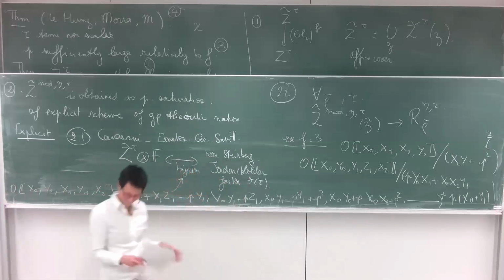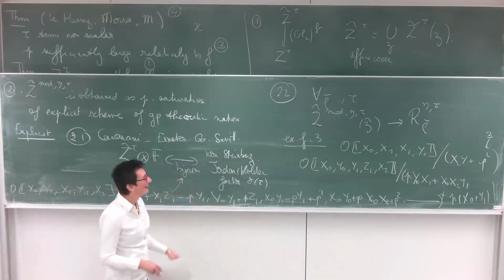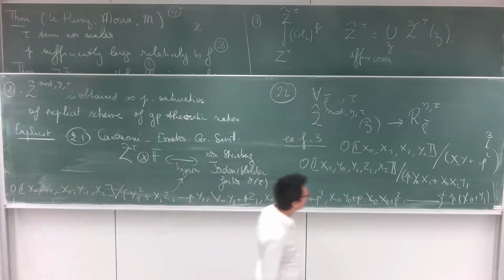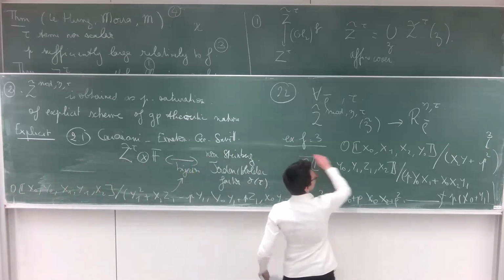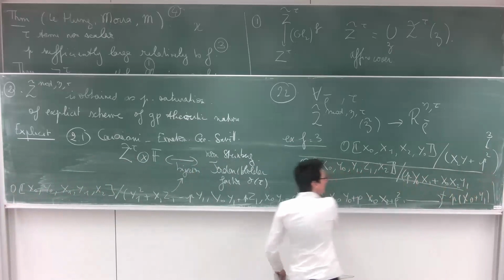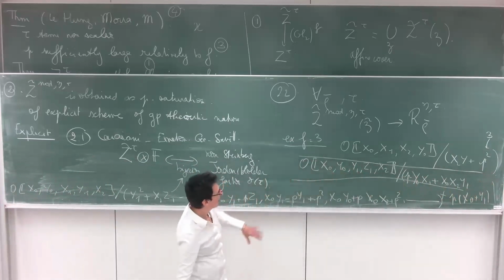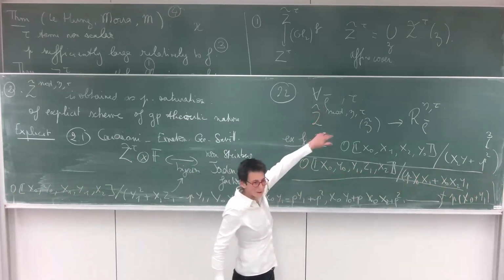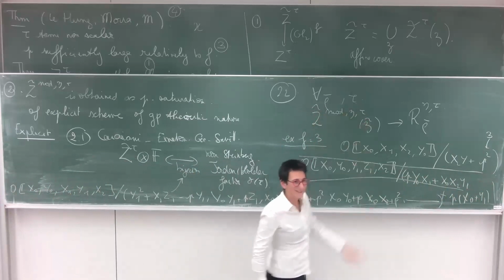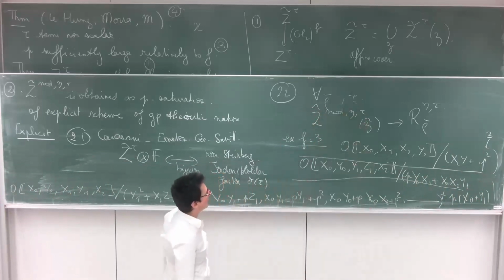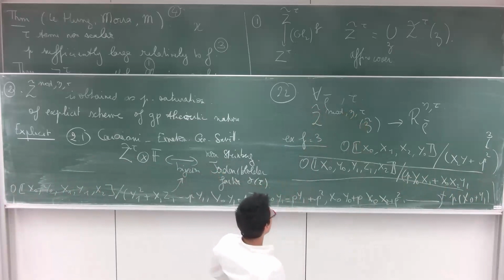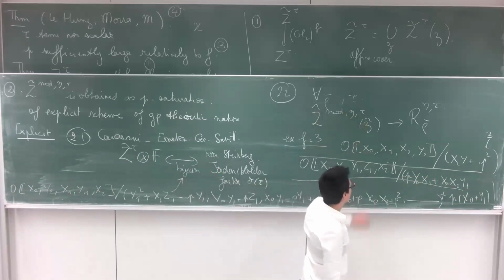So this is what it is for different rho-bar and for different types. Where you see a Z, this is a Z. Yeah, you're right.